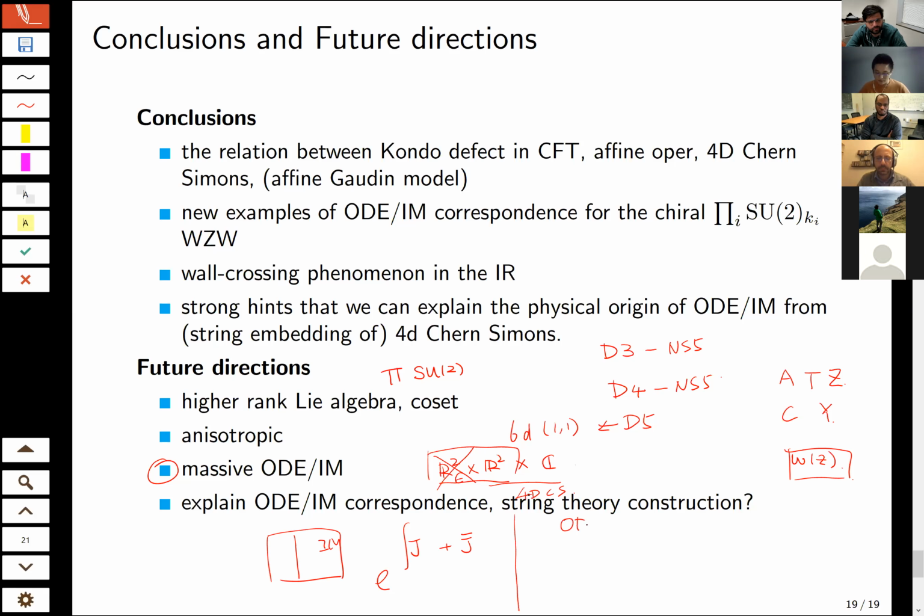For the ODE side, what you do is a PDE, which is given by a Hitchin system. For the 4D Chern-Simons part, instead of adding a chiral defect, you consider the anti-chiral defect.